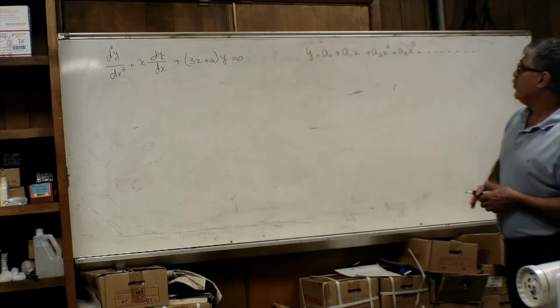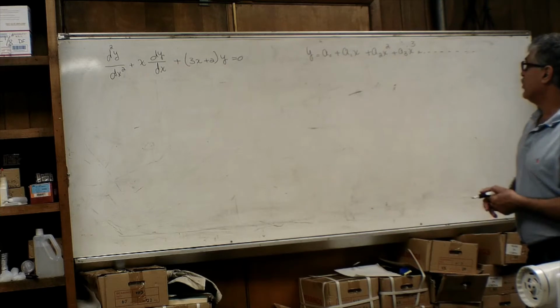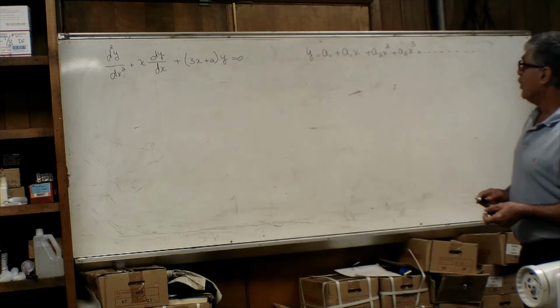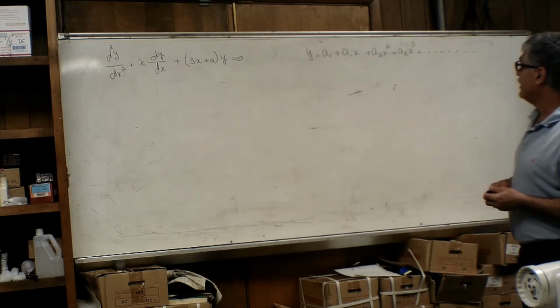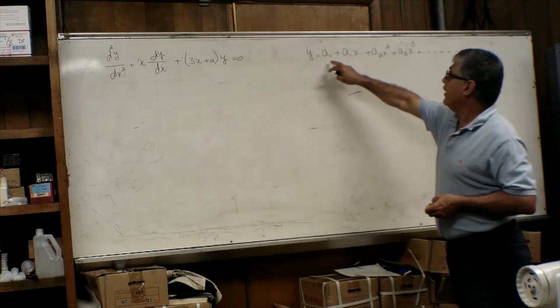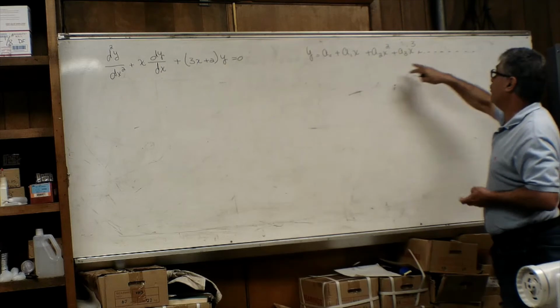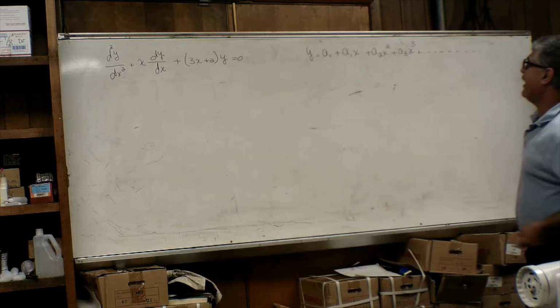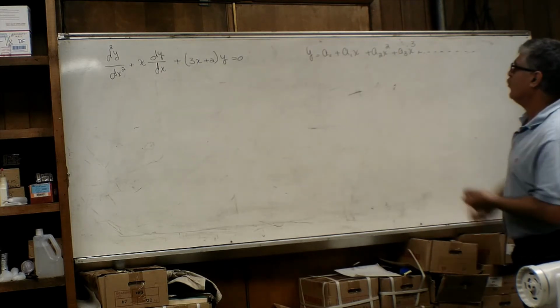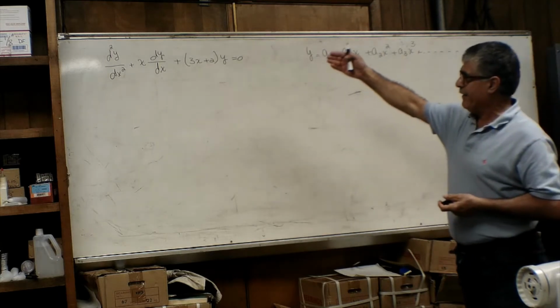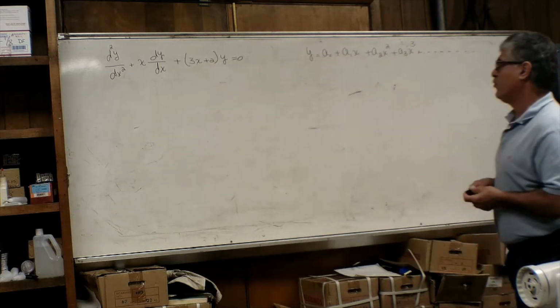If we assume that as the general solution, then in order to solve this, we have to find the values for the coefficients a0, a1, a2, a3, and plug them in this formula. Then we can get the solution to that differential equation.